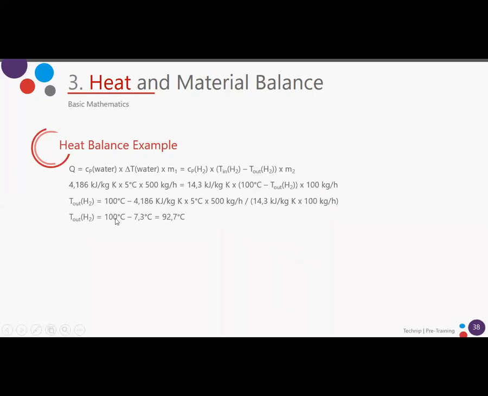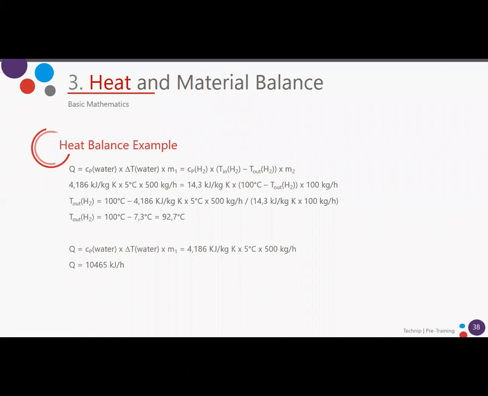So then at the end we get 100 degrees, which is the temperature at the inlet for hydrogen, minus 7.3, and we will get 92.7 degrees. So our hydrogen flow will exit the heat exchanger at 92.7 degrees.